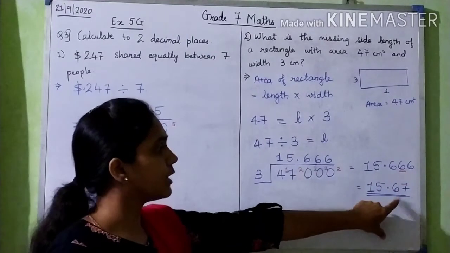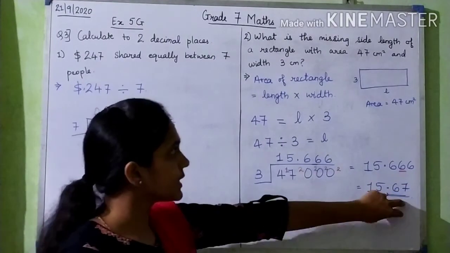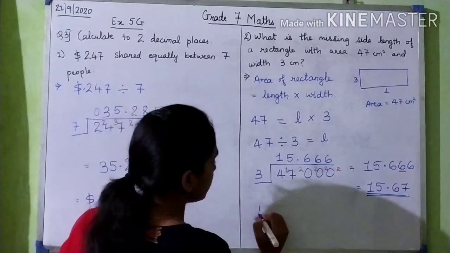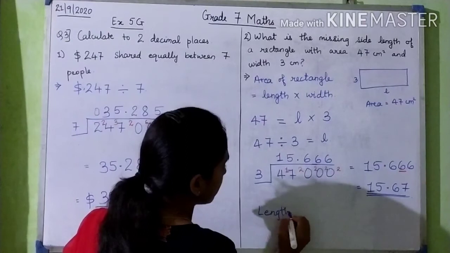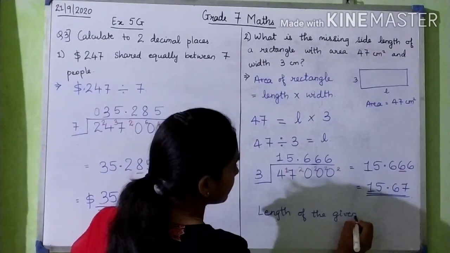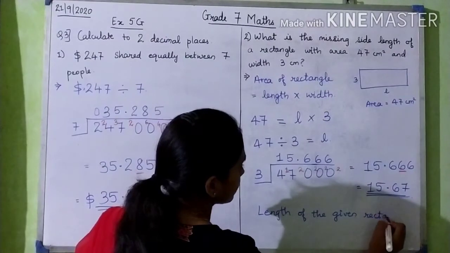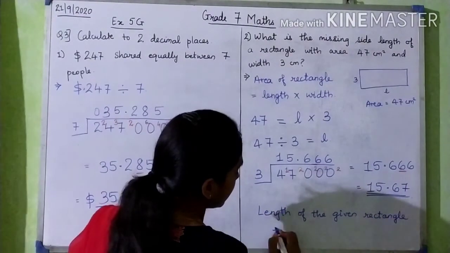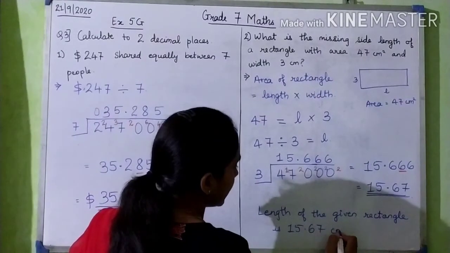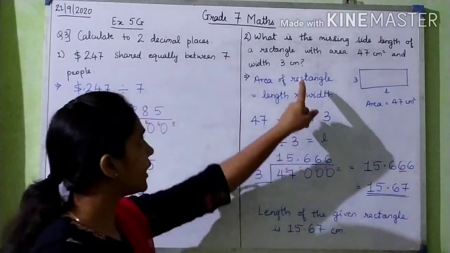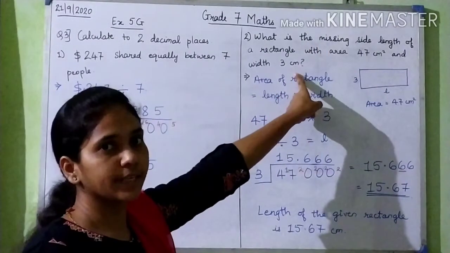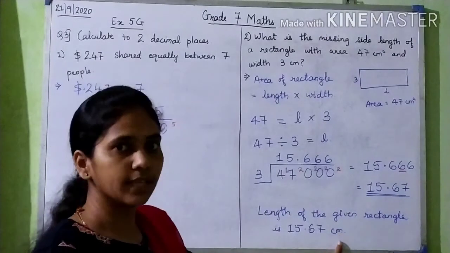So this is the length of the given rectangle. The length of the given rectangle is 15.67 centimeters. Why centimeters? Because the area was given to us in centimeter square and the width was given in centimeters, so the length will be in centimeters only.